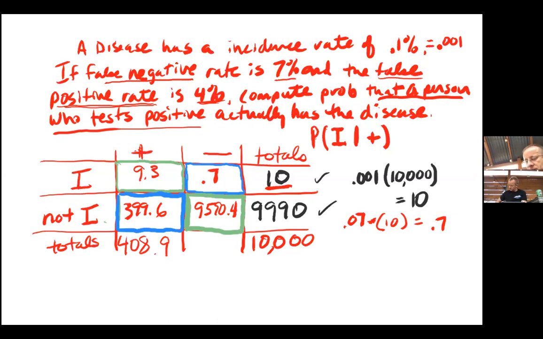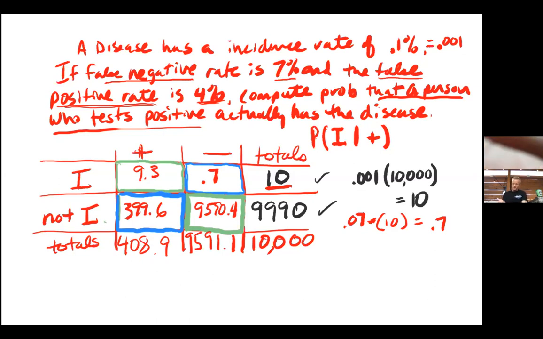Let me just double check that. Yep. And then adding it over here, we're going to get 0.1 and then 1959. So that should be right as well. Okay, and those two together should give me 10,000, and they do. So we know we have our boxes right.